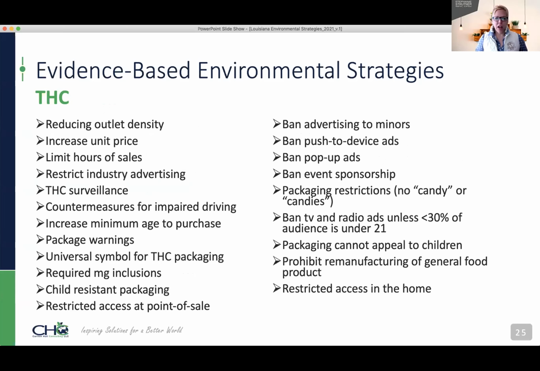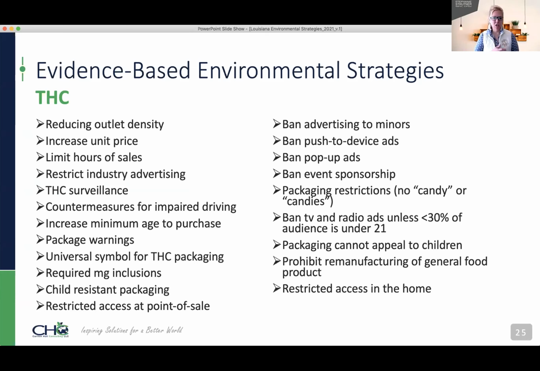Evidence-based environmental strategies around THC are really going to depend on your state's legalization and or lack of legalization for THC in your space. And so depending on if there's legalization in your communities or not, we could look at outlet density of dispensaries.